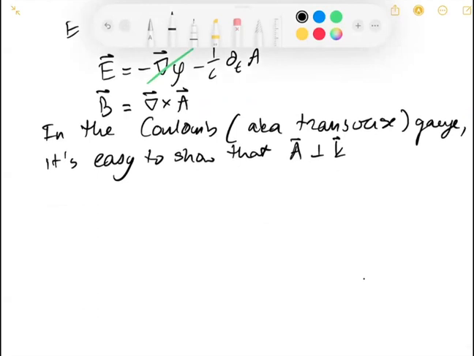Well, the gauge condition is that the divergence of A is 0.